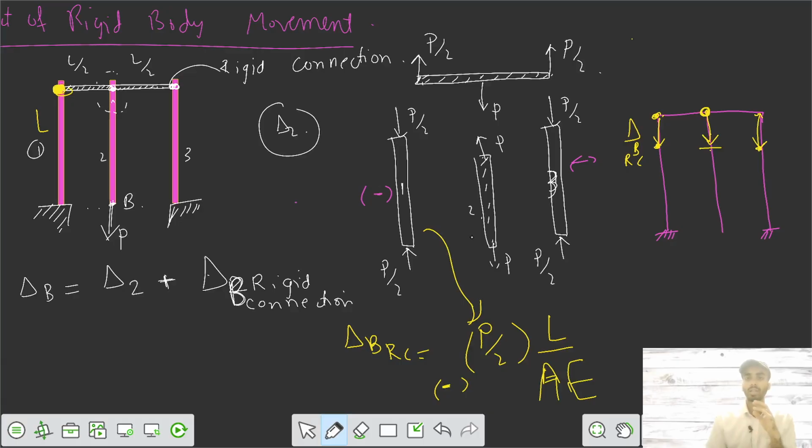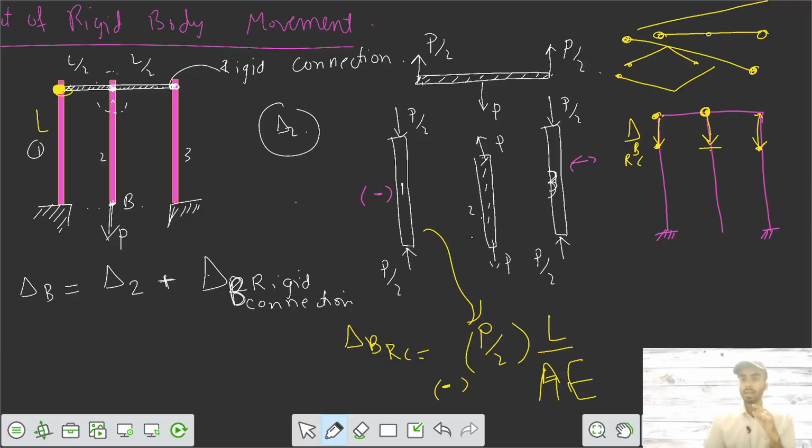The rigid connection does not allow any deformation to happen. Either it can go downwards, it can go upwards, or it can remain straight. But since this one and this one end are straight, the middle one has to be straight. There is no other option. It can't go like this or like this.